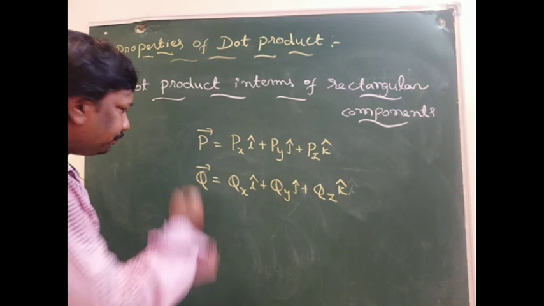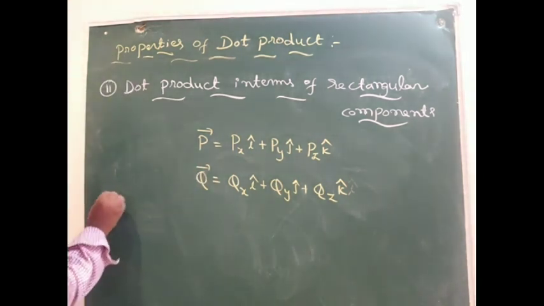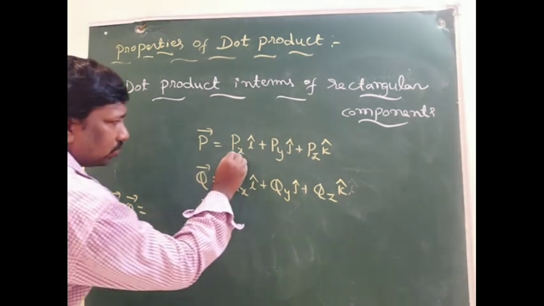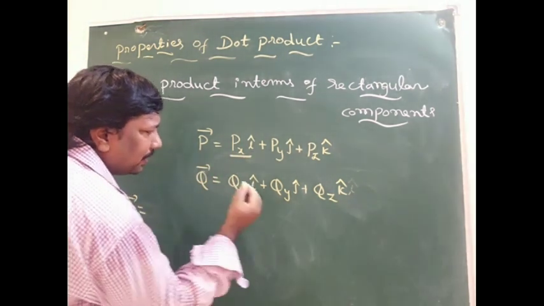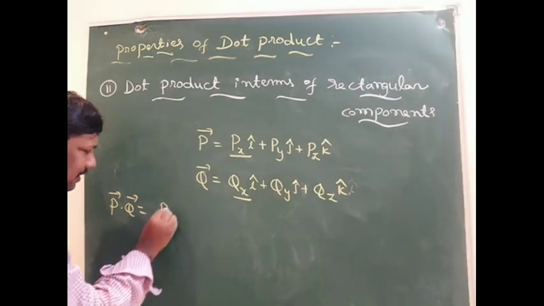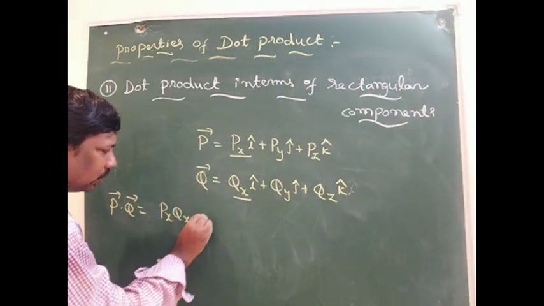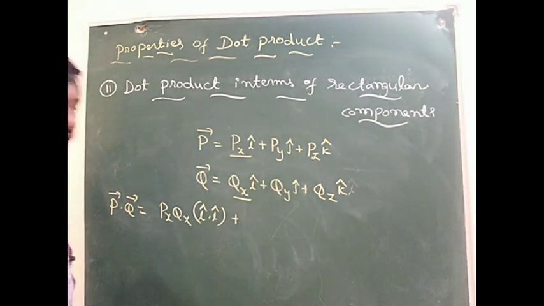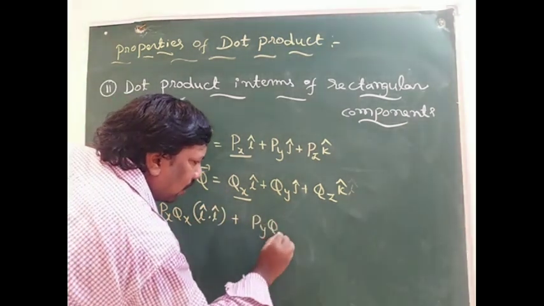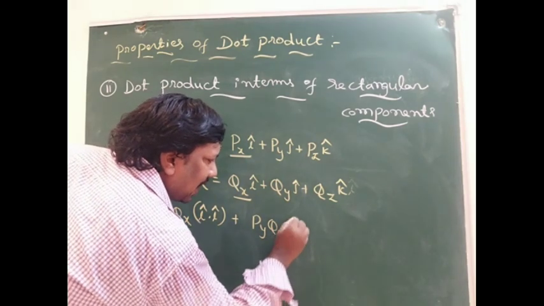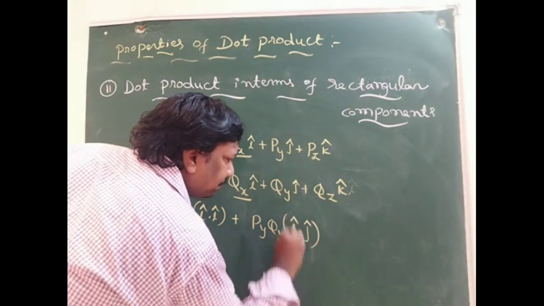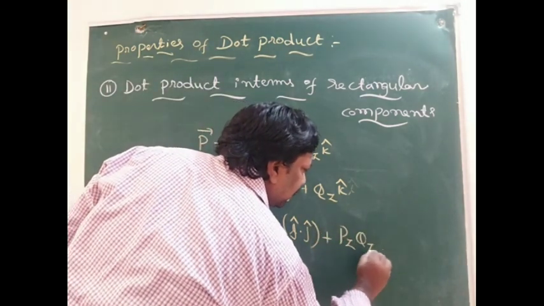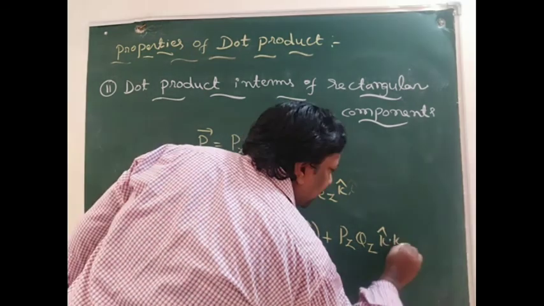Therefore the dot product of P bar and Q bar is Px i cap dot Qx i cap, that means PxQx into i cap dot i cap, plus PyQy into j cap dot j cap, plus PzQz into k cap dot k cap.